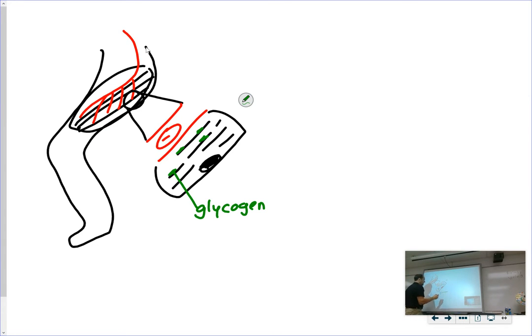And what these glycogen are going to be long chains of glucose. So if I zoom in on that glycogen, they're going to be long chains of glucose, hundreds of glucoses long and branched.